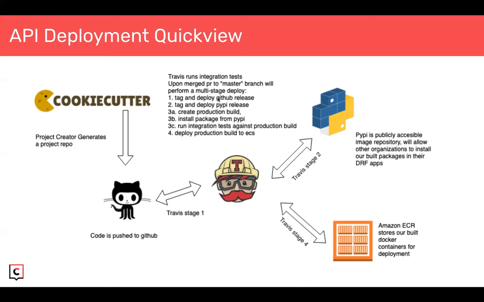We're going to do two tagging stages. First, you create a PR to master, which is what kicks this off. When you do that, it's going to run tests in the development container to make sure stuff works and passes the tests. Once you do that, we're going to deploy first a GitHub release.